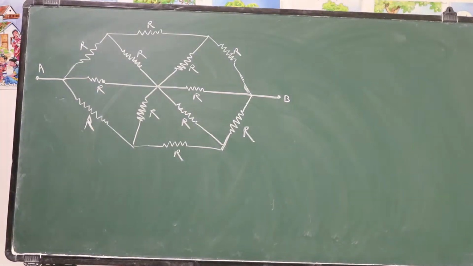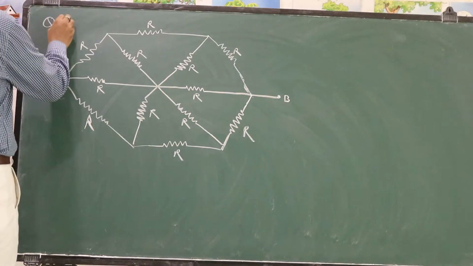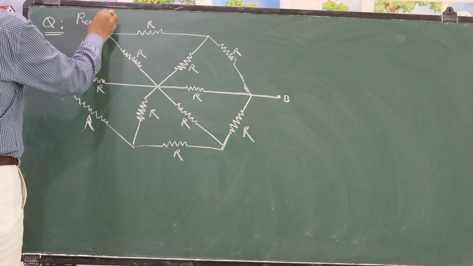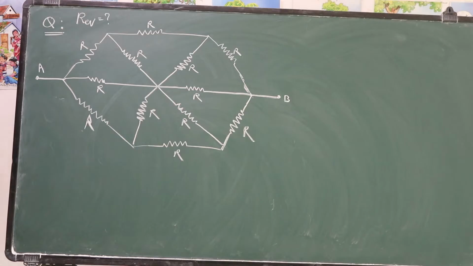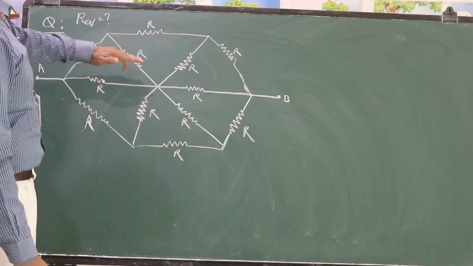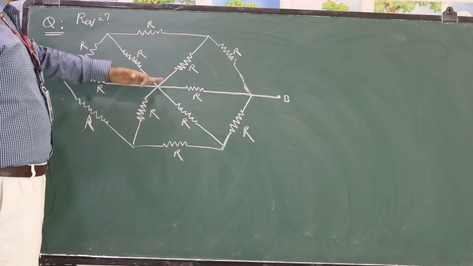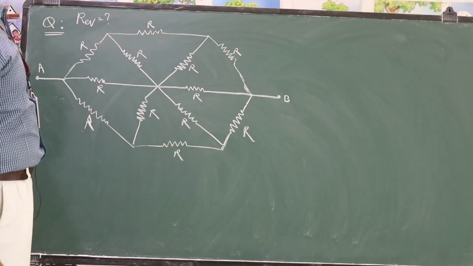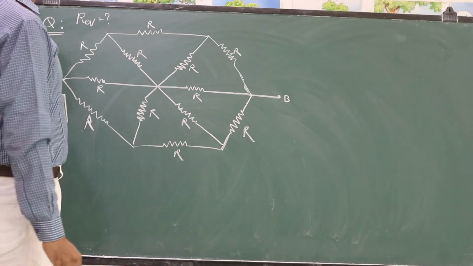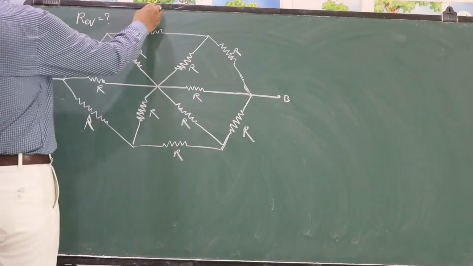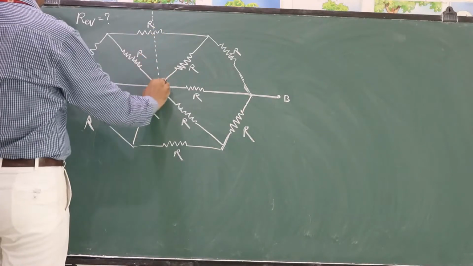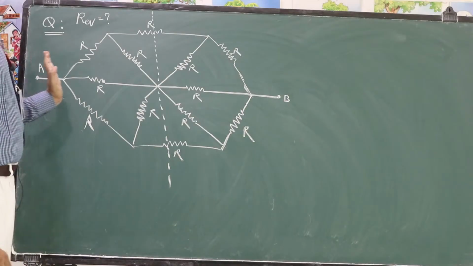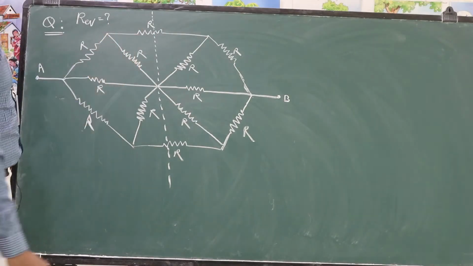No doubt, the given circuit is a complex circuit. So here we are asked to find R equivalent equal to question mark. There is some symmetry. The distribution of resistors above this line AB and below this line AB has the same structure. Otherwise, if you take one more line here, the distribution of resistors on this side and that side are identical.